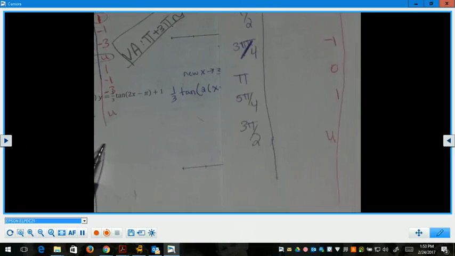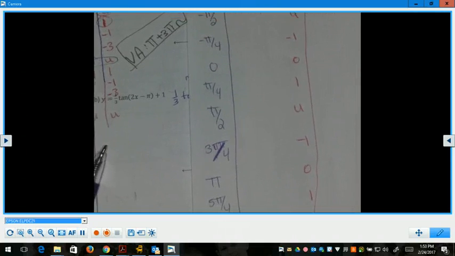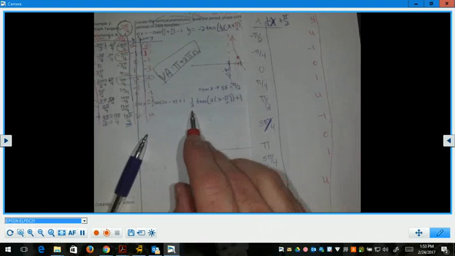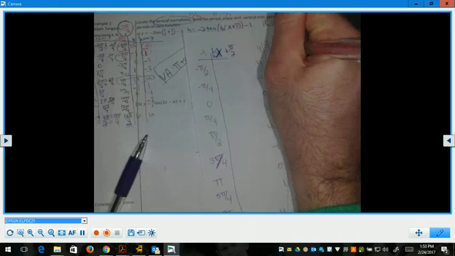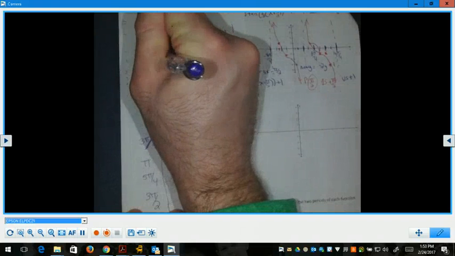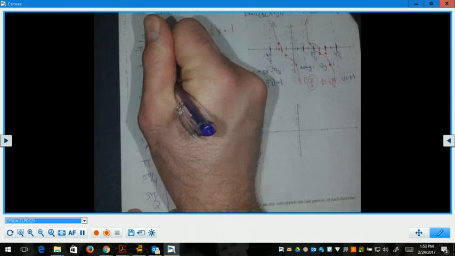Continued with the table. So for my y's, since it is 1/3 for the lead coefficient and +1, I'm going to do 1/3 of the y plus 1. So there's how I'm going to get my new x's and my new y's, and I'm going to do that now before we graph. So half of x makes this -π/4, makes this -π/8, 0.